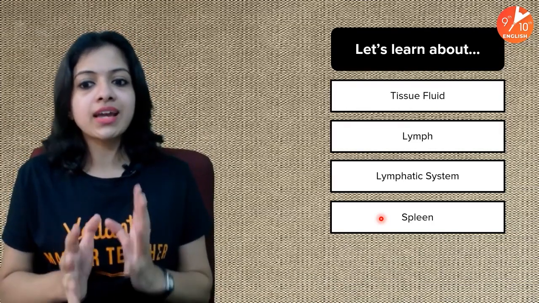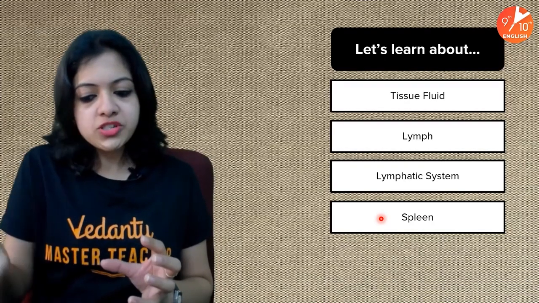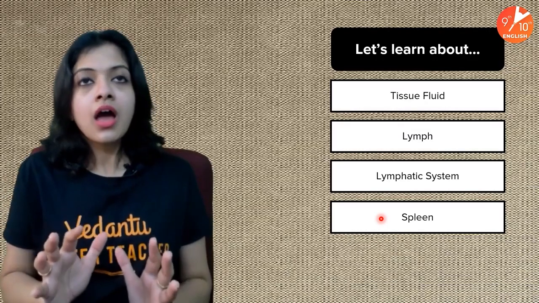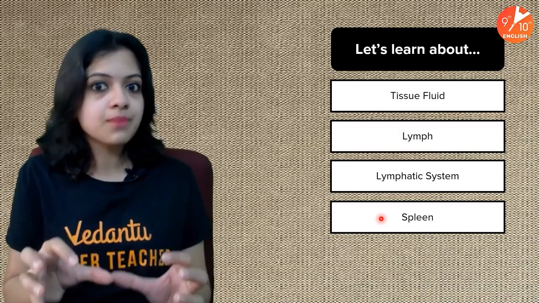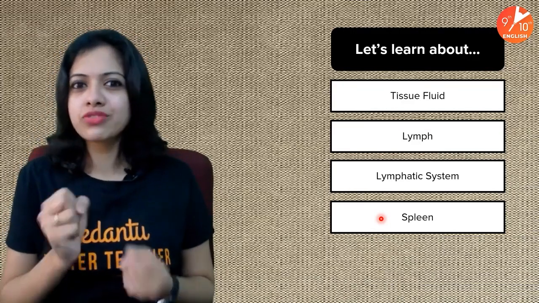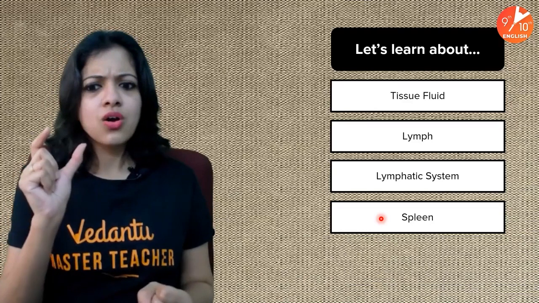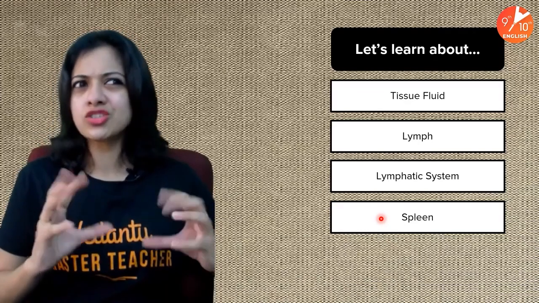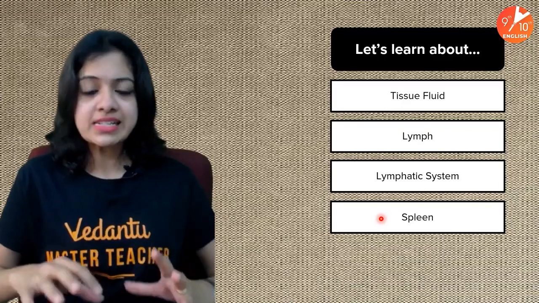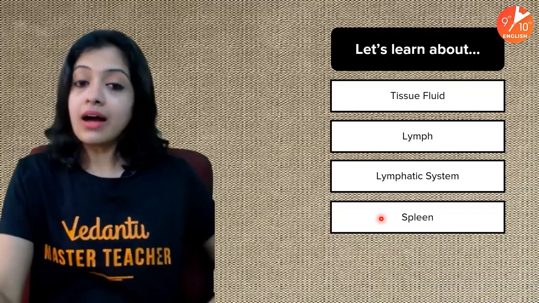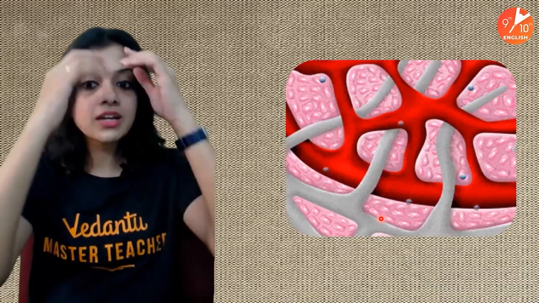It's not difficult to understand the composition of the lymph, or how the lymphatic system works. But what is sometimes more difficult is something very basic, because many of us don't have clarity in understanding why the lymphatic system is taught under the chapter circulation, which was supposed to be all about the heart, blood vessels, blood, and all of that. So yes, the lymphatic system is also very important as far as our circulation is concerned.